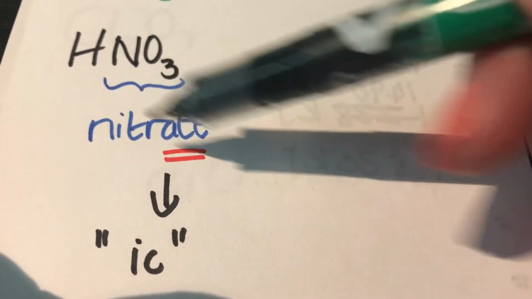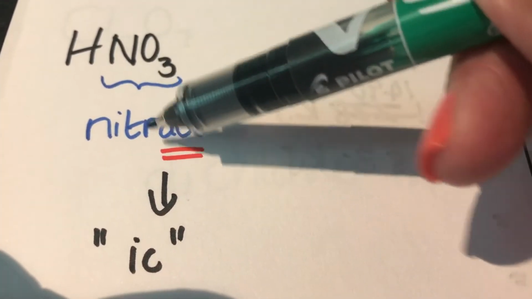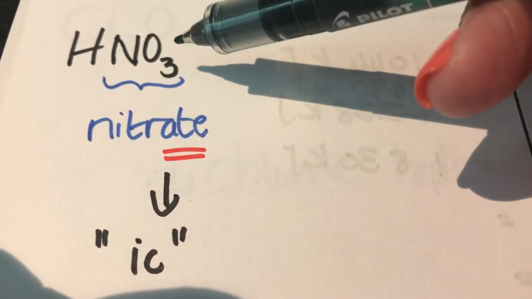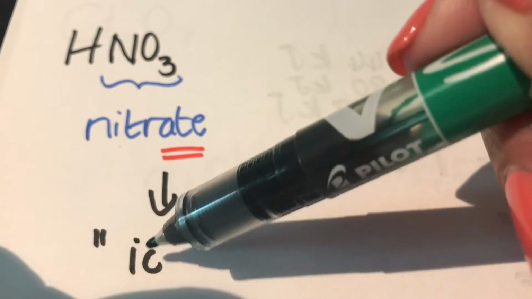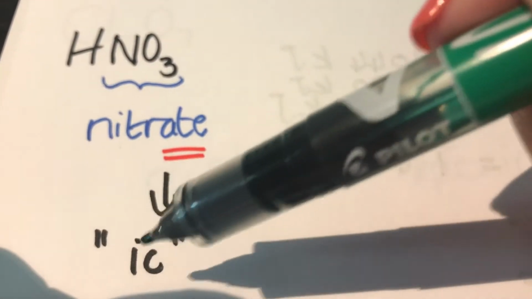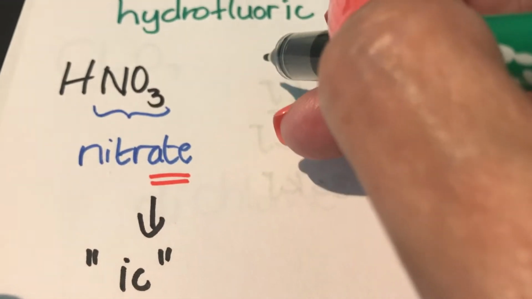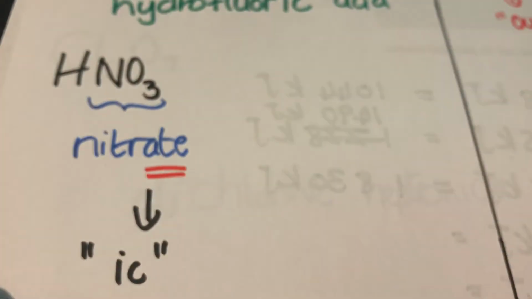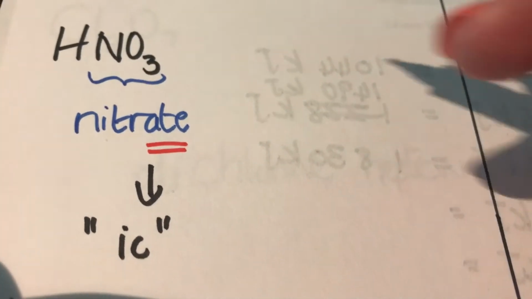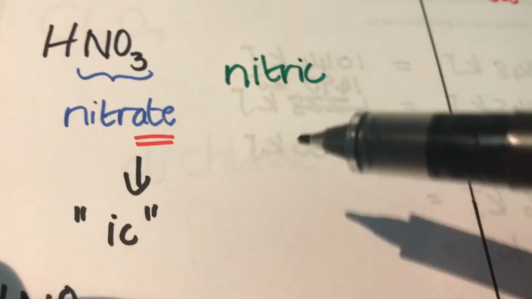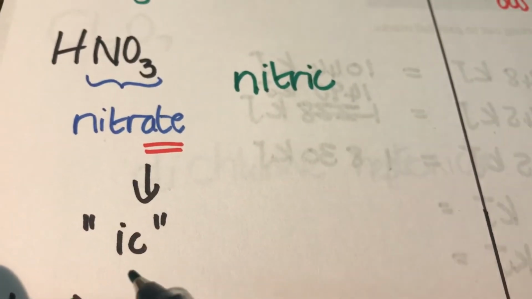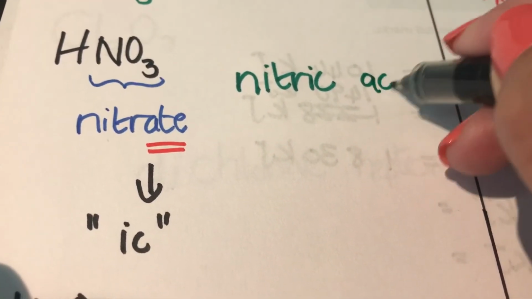So NO3 is nitrate. Whenever the oxyanion is an ATE, the name of nitrate will change and become nitric. And I do not use the word hydro, so in this case I only focus on my ion. My ion's name is nitrate, so it will be nitric. In other words, nitrate becomes nitric acid.